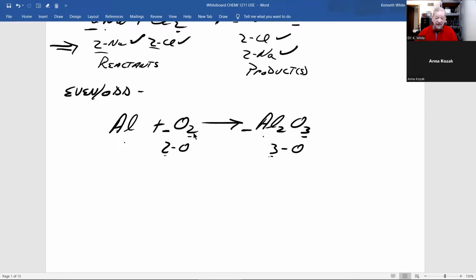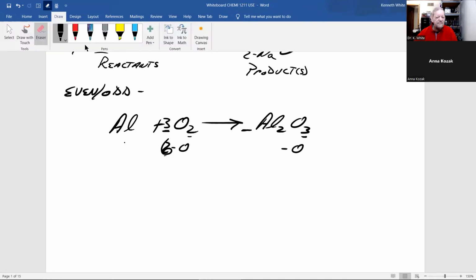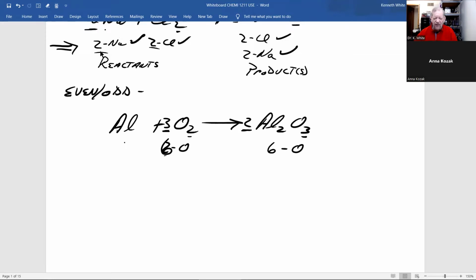2 times 3. To get 6 oxygen on this side, I multiply that by 3. To get 6 oxygen on this side, I multiply that times 2. So I now have the oxygen balanced.